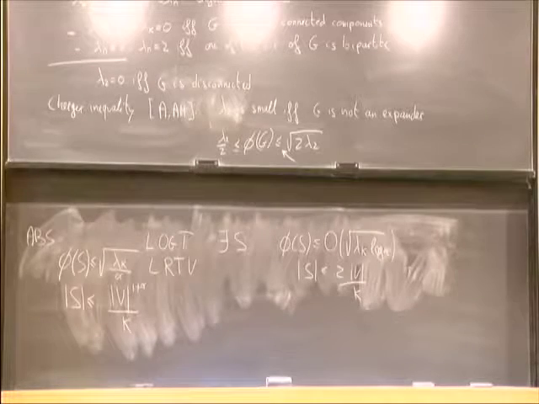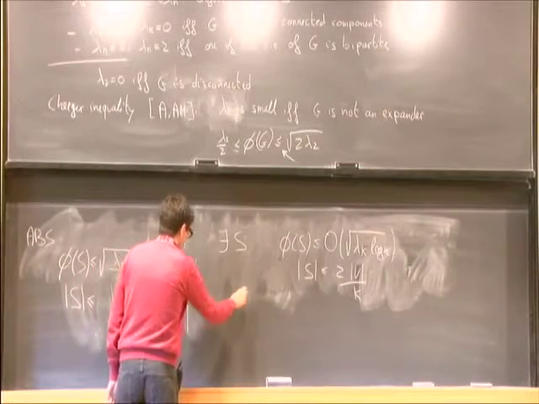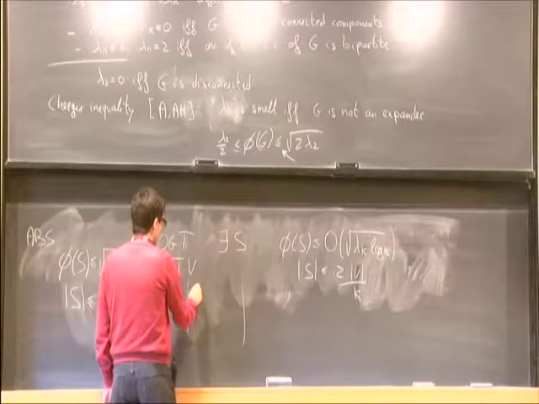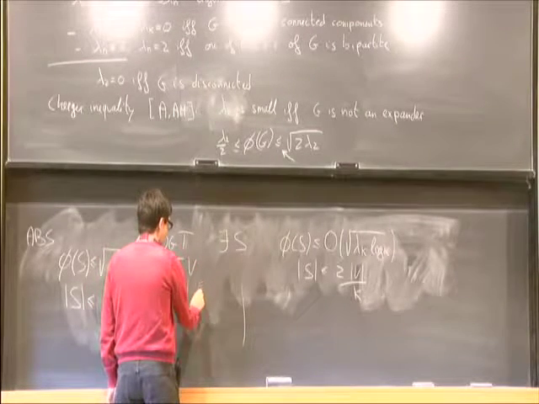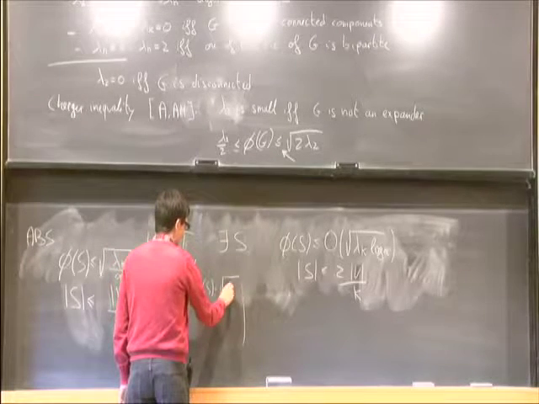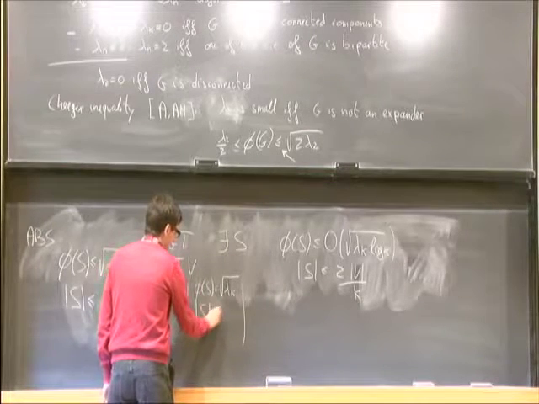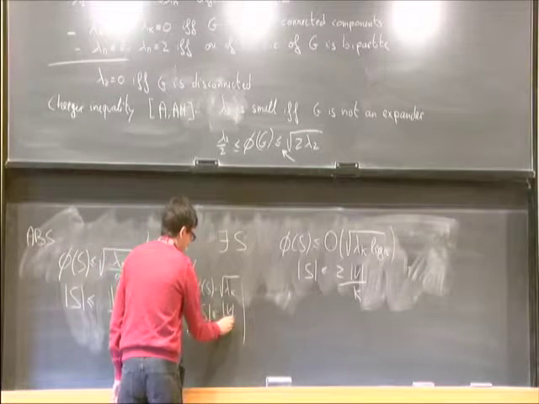Okay. So we may think of the impossible goal, but for comparison, that we would like the expansion to be square root of lambda k and the size to be number of vertices divided by k.